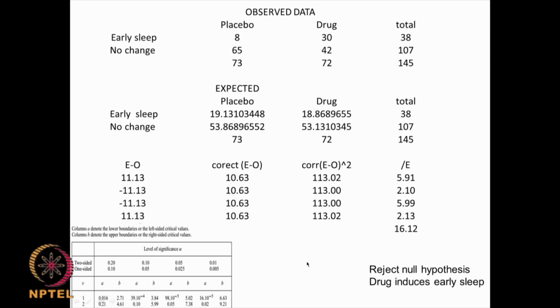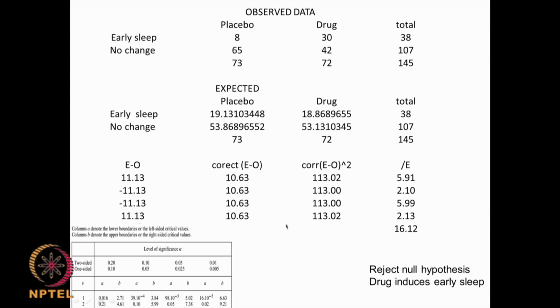We can do this very simply using a simple Excel, and here please note that we use something called the Yates correction. When you use the Yates correction, the expected minus observed goes down by 0.5.